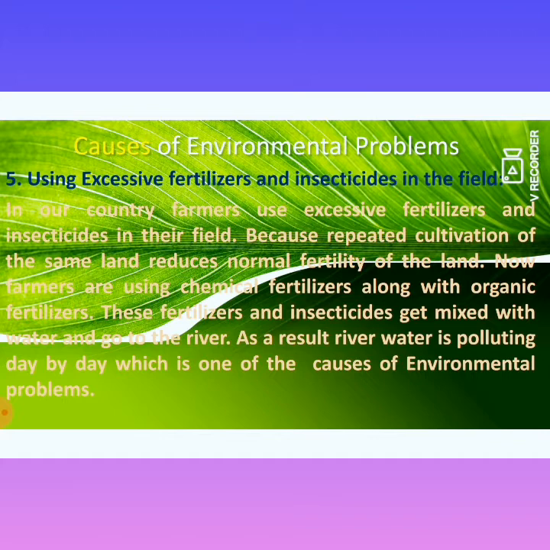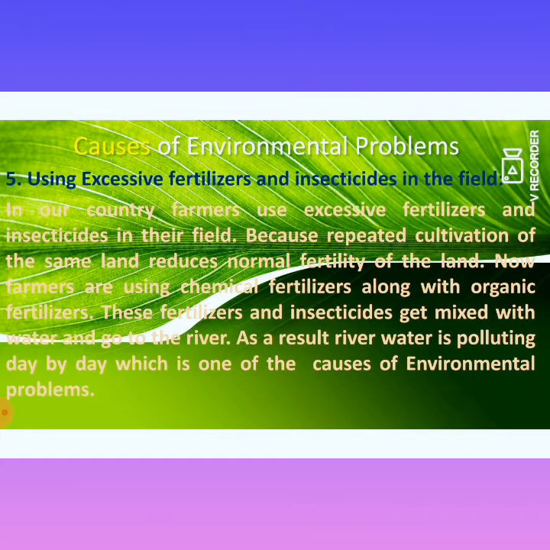So farmers are using chemical fertilizers along with organic fertilizers. Why? For more cultivation, to increase the fertility of the land. These fertilizers and insecticides get mixed with water and go to the river and mix with the river water.